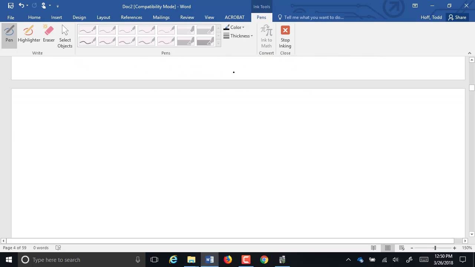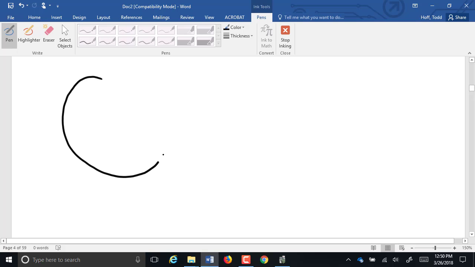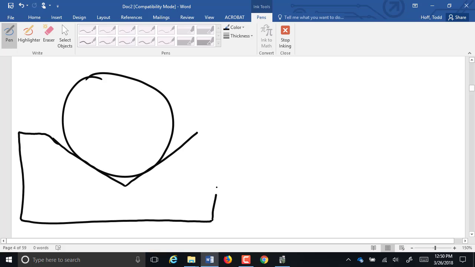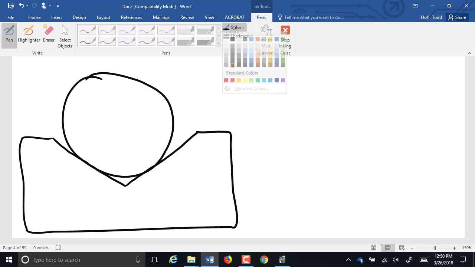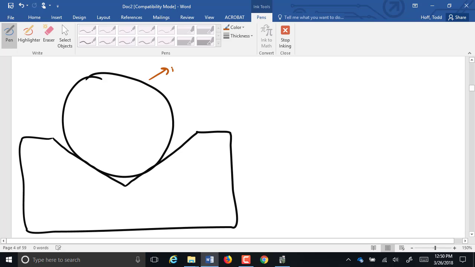I'm going to have you guys try one. Let's say our radius here is 20 inches.